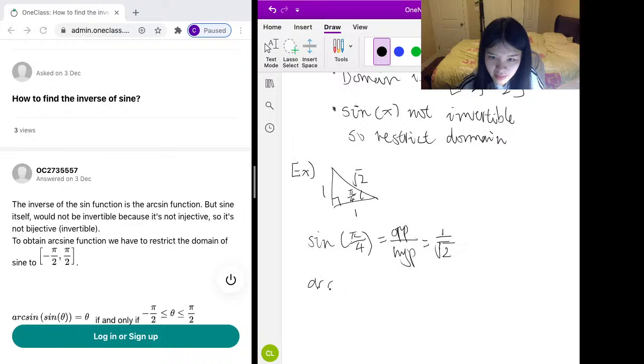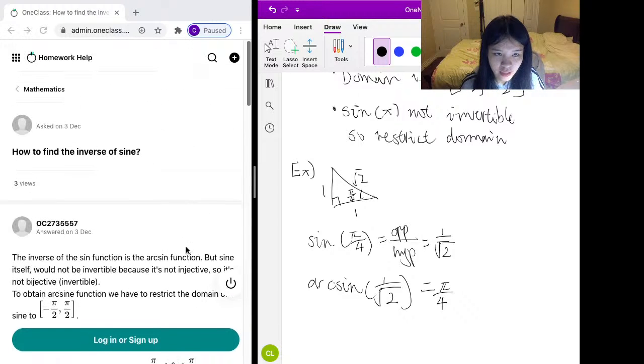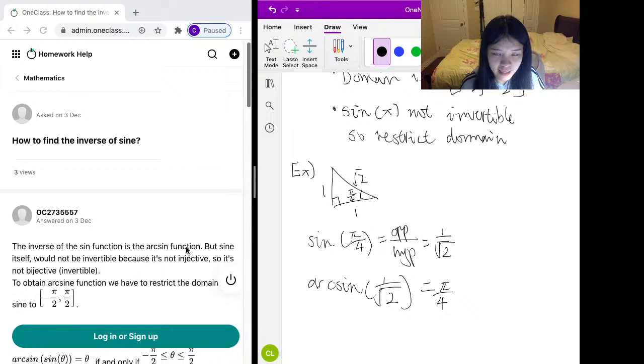Similarly, the sine function takes in an angle, so the arcsine function takes in the side ratio of a triangle. So we know the arcsine of 1 over root 2 is equal to pi over 4. Okay, so that's our answer for how to find the inverse of a sine function.